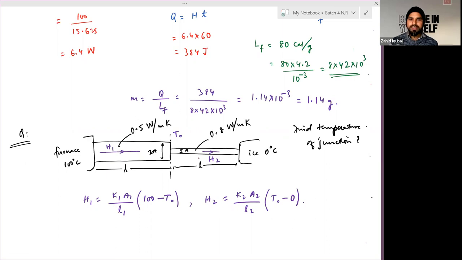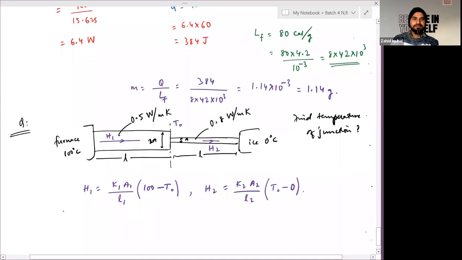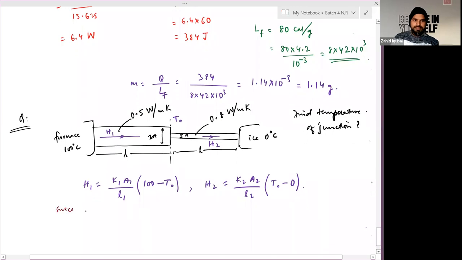Since the rods are in series, for which current remains same, H1 must equal H2. Now just put the values of H1 and H2 in this expression and simplify it for the value of T naught.